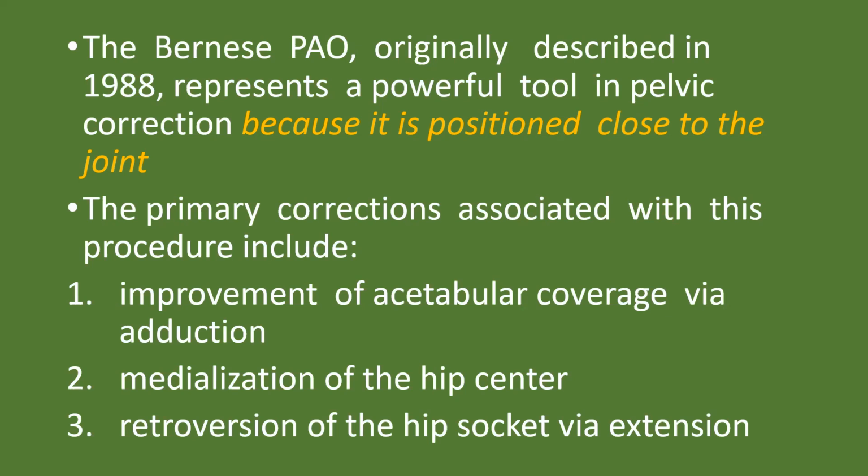The primary corrections associated with this procedure include improvement of acetabular coverage via abduction, medialization of the hip center, and retroversion of the hip socket via extension. So this way, it will maintain the hip in a more stable position and give it better coverage.